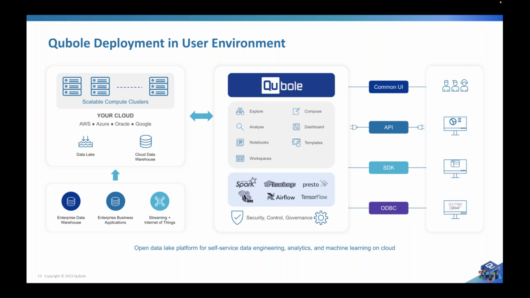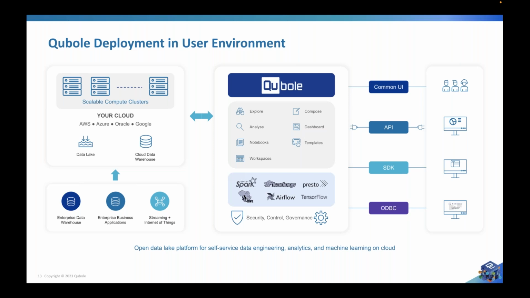Now, just talking about the data plane, your data stays with you. We have made sure that your data stays where it should be. It doesn't move to Cuball, and processing doesn't happen on Cuball per se. Processing is happening in your VPC, virtual private cloud, of, let's say, AWS.